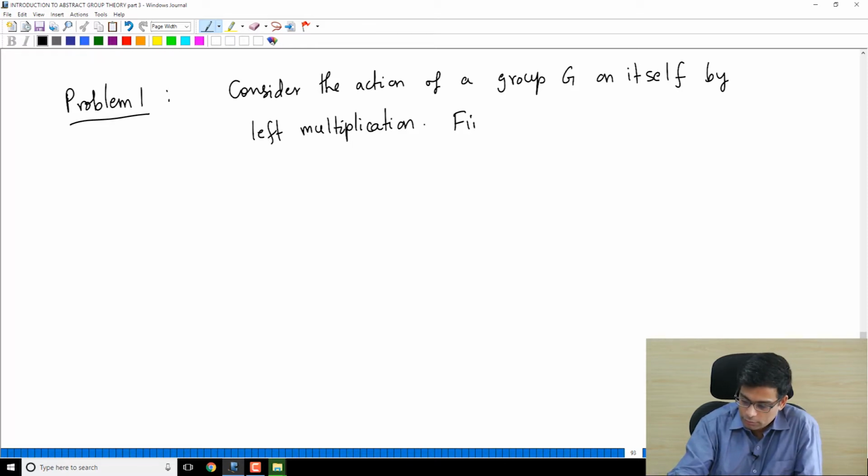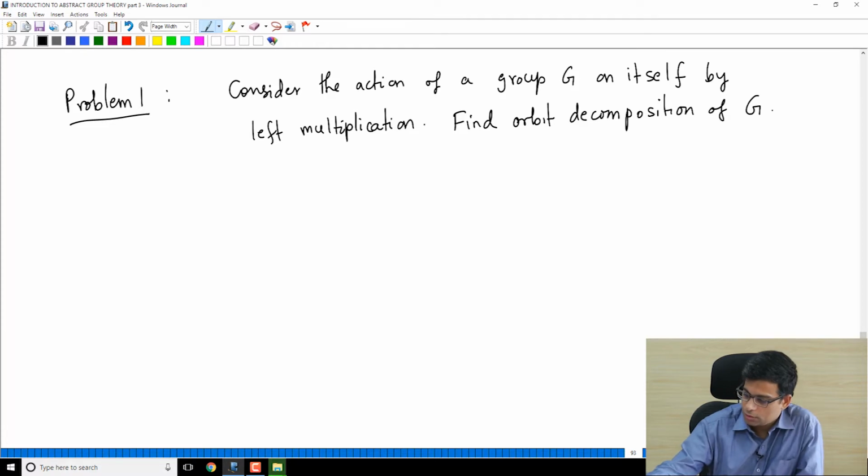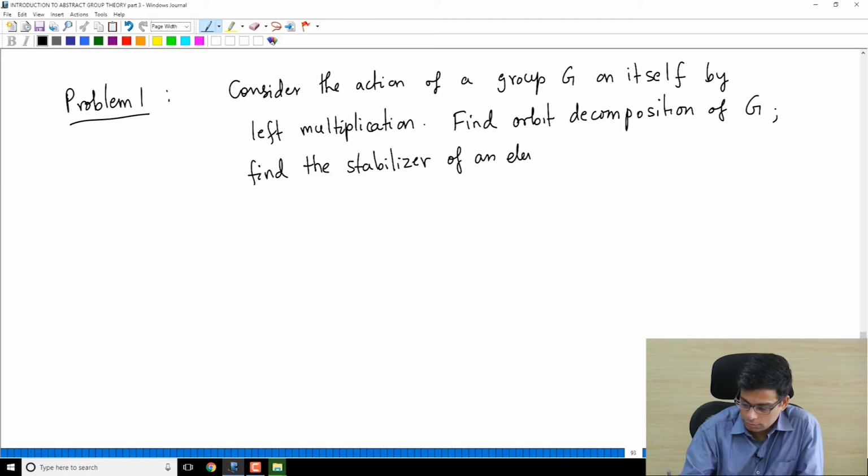Find the orbit decomposition of S, that is G, and similarly find the stabilizer of an element small s in G. Okay, this is the problem.